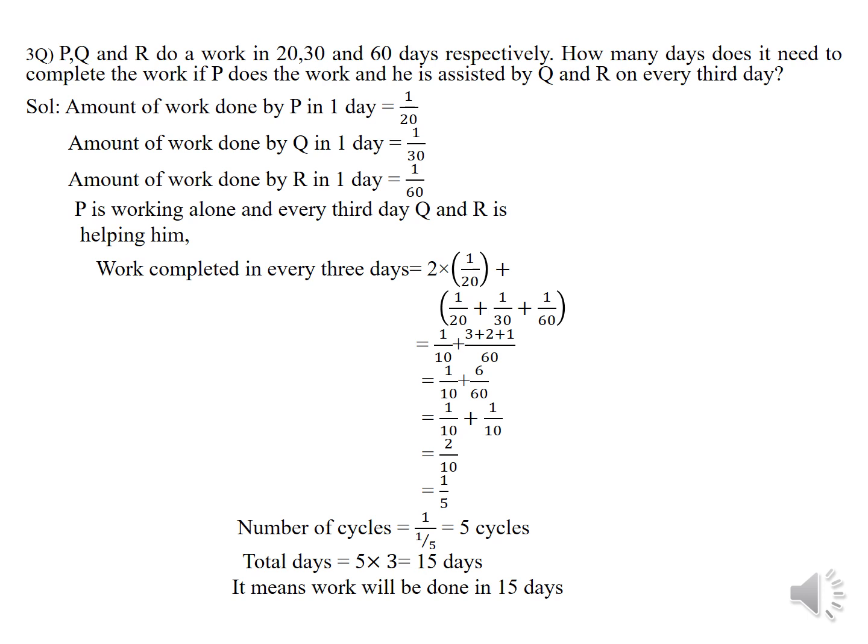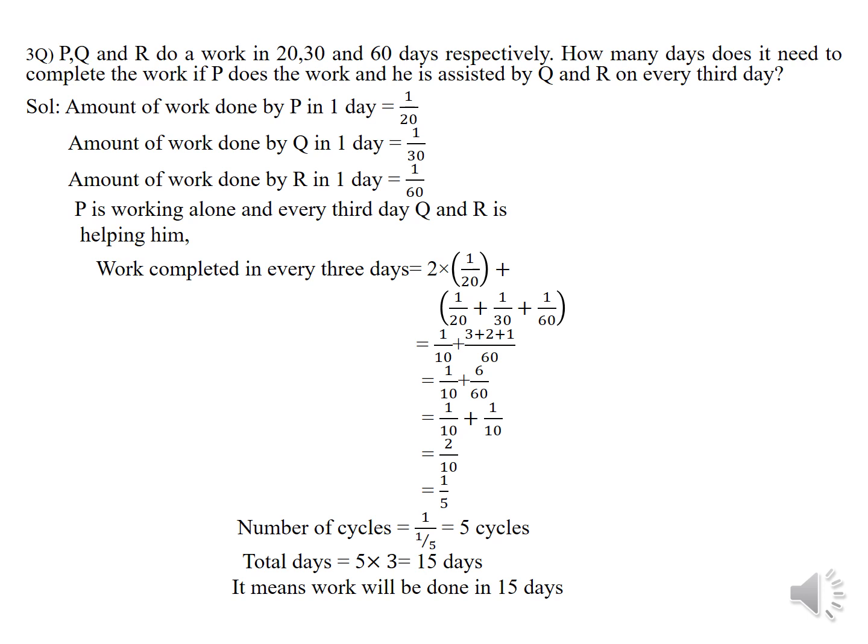First 2 days P works alone. That means work done is 2 into 1 by 20, plus on the third day all 3 persons are involved. So all 3 persons' 1 day work is involved. So just write down 1 by 20 plus 1 by 30 plus 1 by 60.